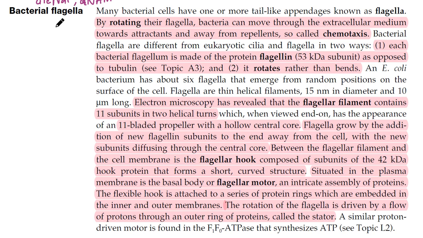Next, coming to bacterial flagella. We already discussed that bacterial flagella are made up of a protein named flagellin. Bacteria show rotational movement of their flagella in response to chemicals. They can move through the extracellular medium towards attractants and away from repellents, so-called chemotaxis. Movement in response to chemicals is chemotaxis.